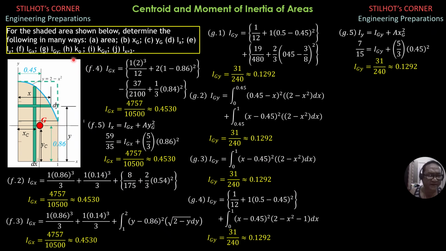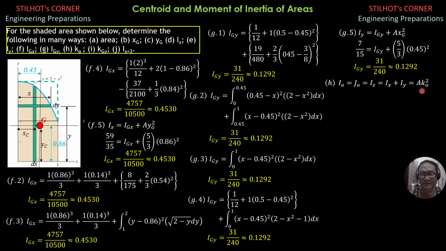Then we have k_O. Remember, I_O, J_O, I_Z, it's the same polar moment of inertia, equal to area times radius of gyration squared with respect to the origin. So I_O, J_O, which is Ix plus Iy, equals area k_O squared, the basic first formula.